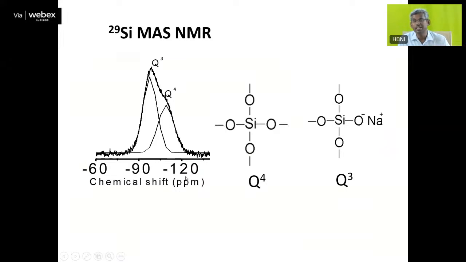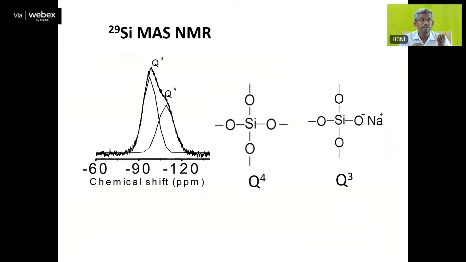This minus means the chemical shift for silicon is always expressed with respect to tetramethylsilane, which we give as 0 ppm. So with respect to tetramethylsilane, the chemical shift of Q4 is around -110 and that of Q3 is around -100. You see, there is a 10 ppm change when one bridging oxygen atom is converted to a non-bridging oxygen atom.